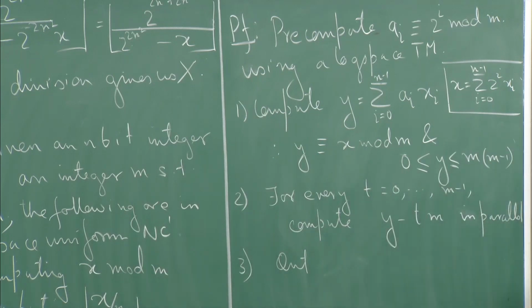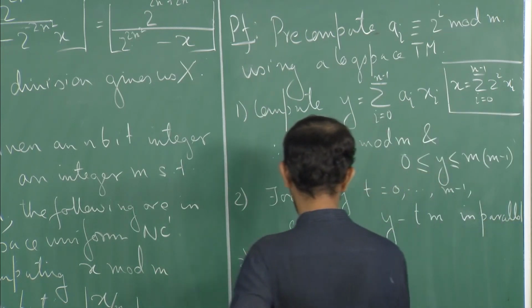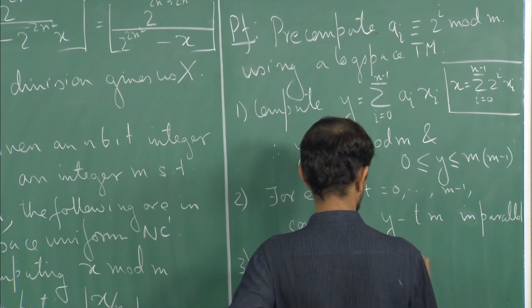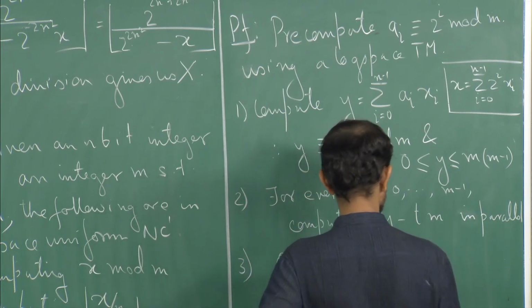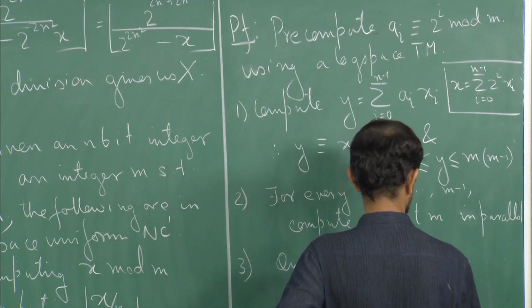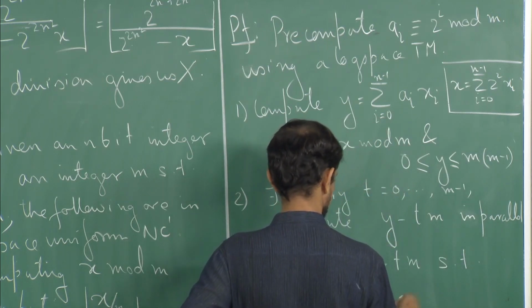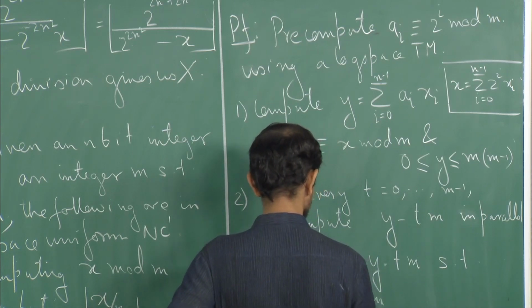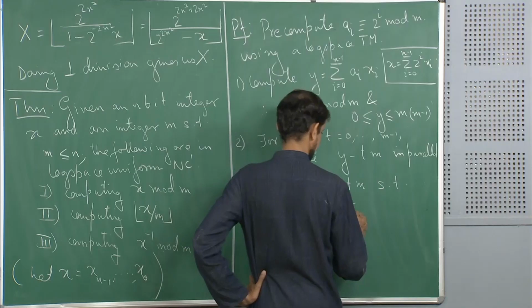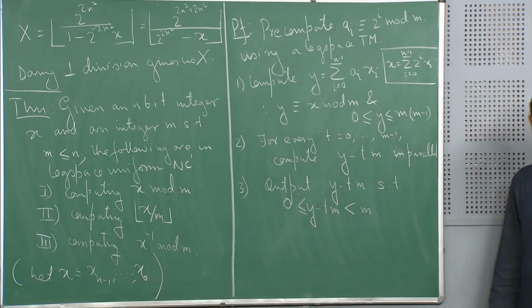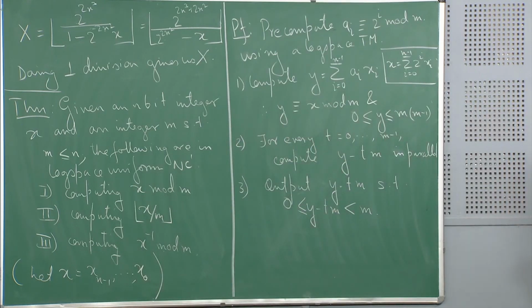Output y minus t m such that that particular y minus t m is greater than or equal to 0 and less than m. Okay. So, actually this is very simple.